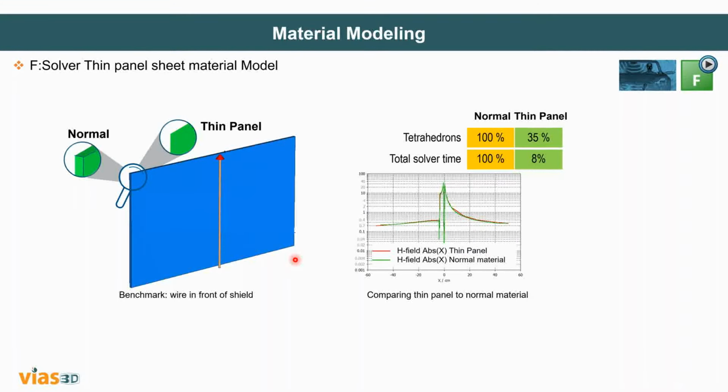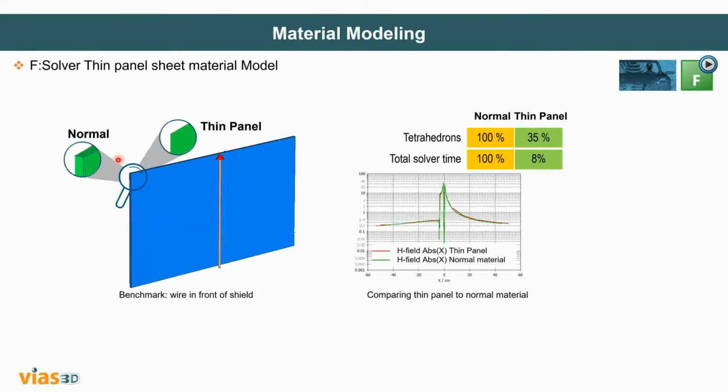Earlier the problem was taking more time for meshing and solving. With a 5 layer shield for shielding effectiveness, there is a wire with a current, and we are trying to see how much signal passes through this shield, or how much it radiates out of the shield.